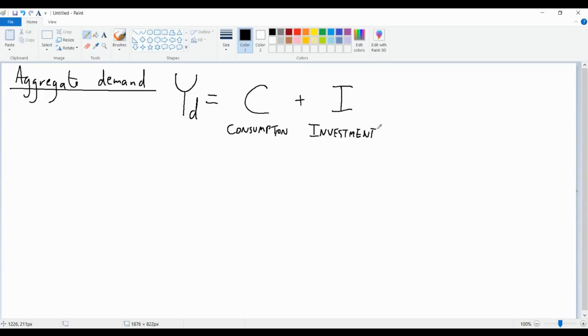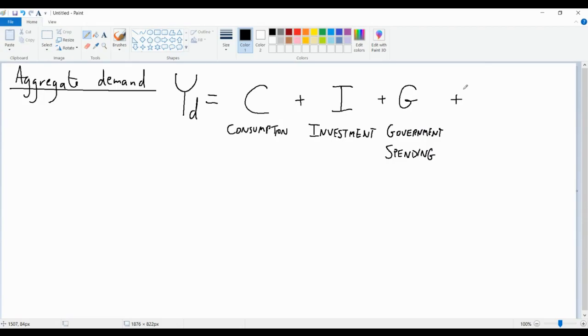So we've taken care of the people, we've taken care of the firms. Are they the only purchasers of goods and services? No, they're not. There's also government, the big G. So government spending is also part of aggregate demand. Spending on office equipment, who knows, missile systems, it's all government spending. Are we done? Not quite.